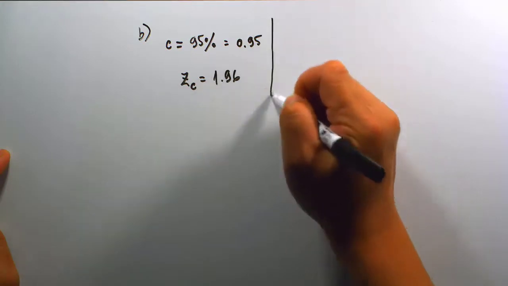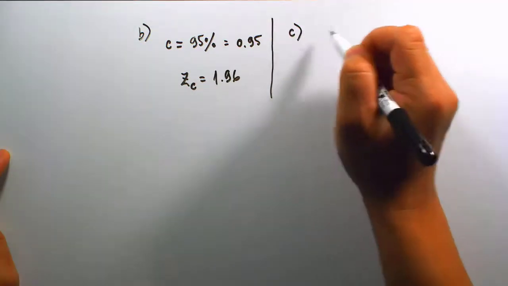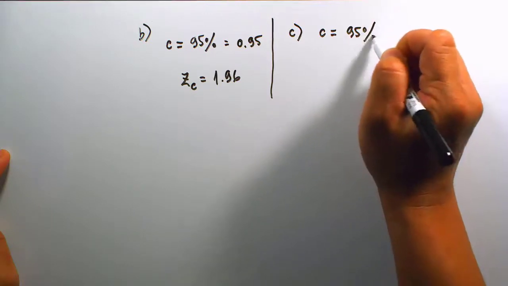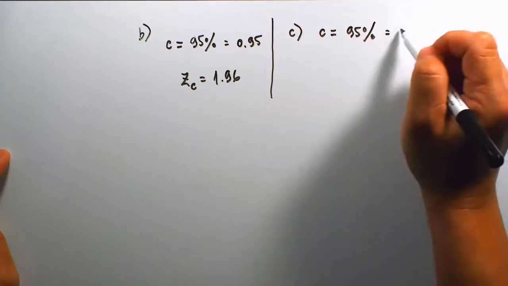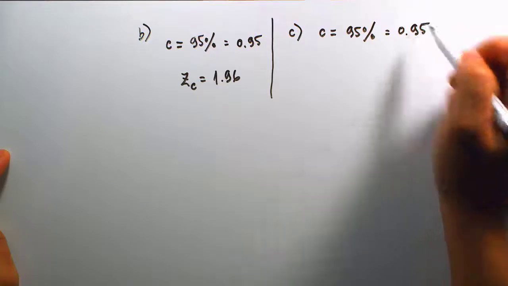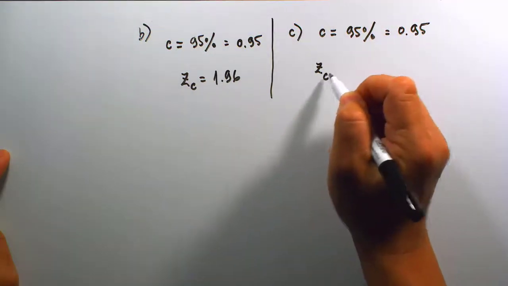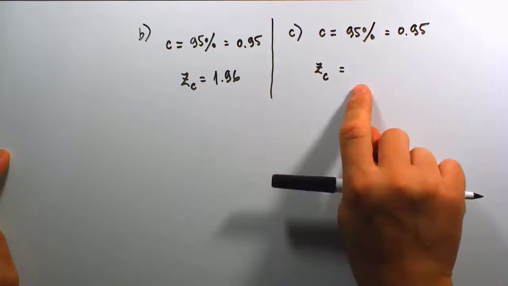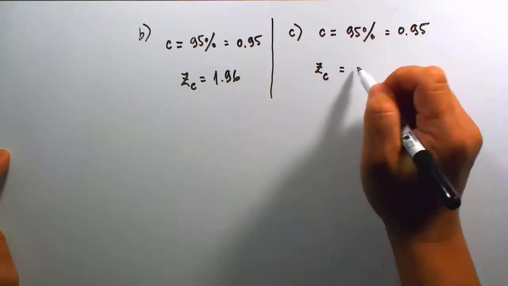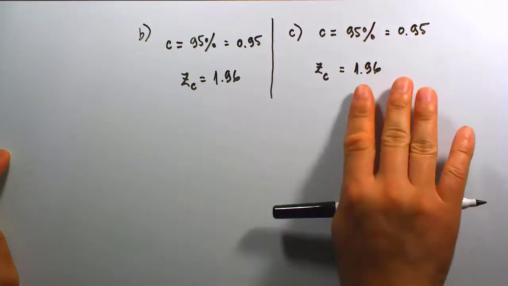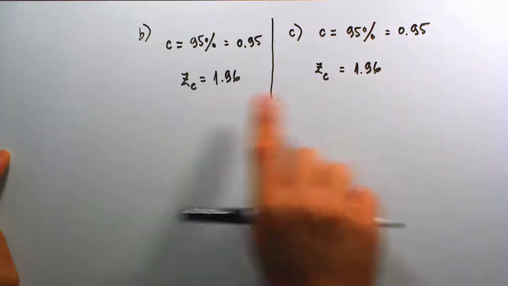And then let's look over to question C. We stay with the same confidence level being 95%, which is in decimal again 0.95. And I repeated the steps and came to the z sub c being 1.96 again, and I mean exact value, exactly equal.